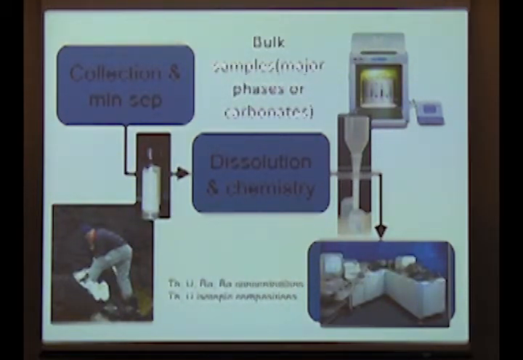In this case, the instrument of choice for doing most of this solution work is a multi-collector ICP-MS. To calculate a date for thorium, we need to measure thorium and uranium concentrations, and thorium and uranium isotopic compositions, each of which is a separate measurement. And if you're going to do radium, then you also have to measure the radium concentration and the barium concentration as well.